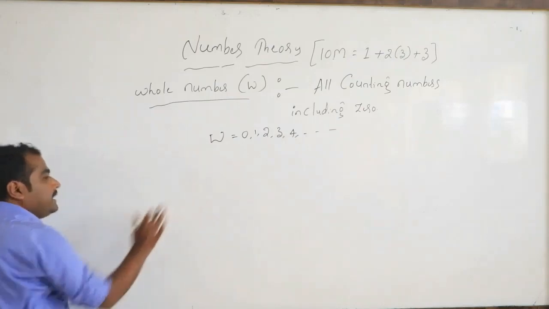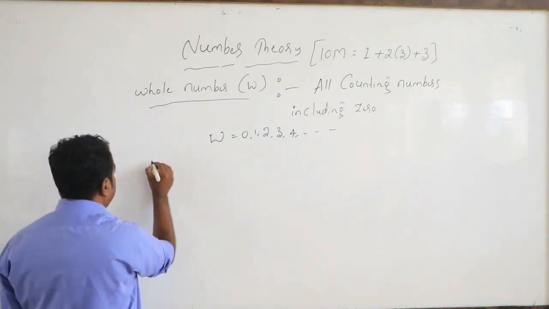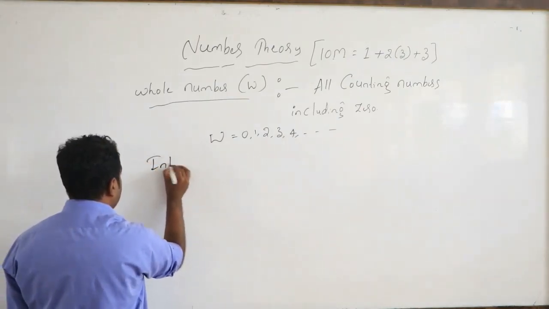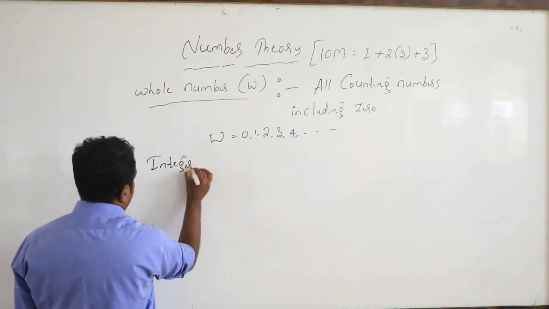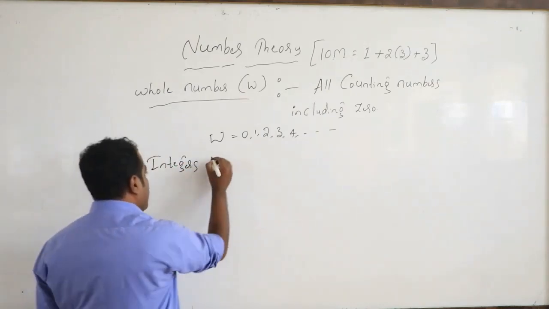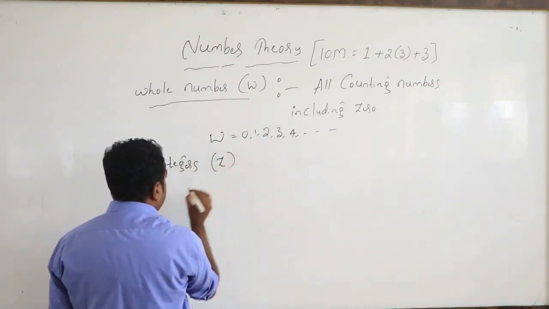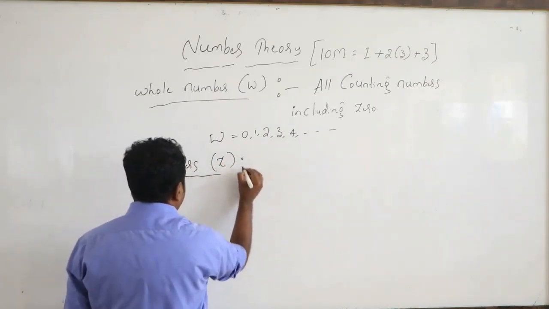So the next one is integers. Z indicates integers.